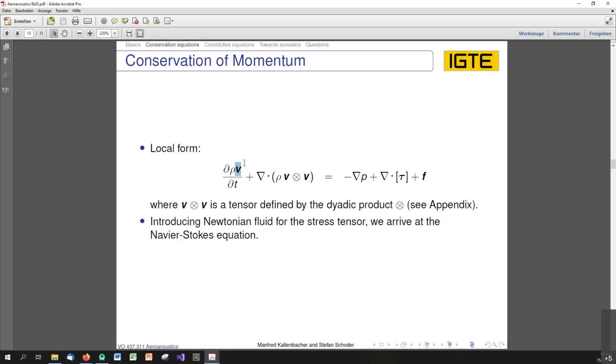So you have additional entries for the different space directions. So you don't have only the entry of the vector for the x direction. You also have, for the x direction of the equations, some dependency on the x coordinate, on the y coordinate, on the z coordinate. This is more or less a very brief explanation of what a tensor is.